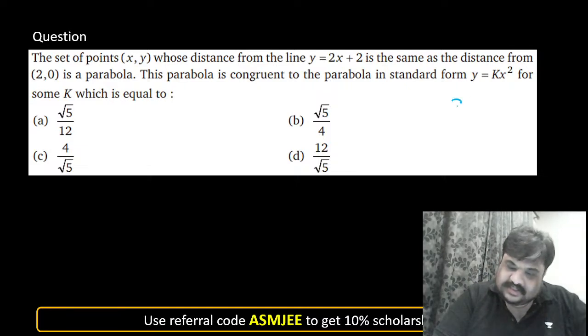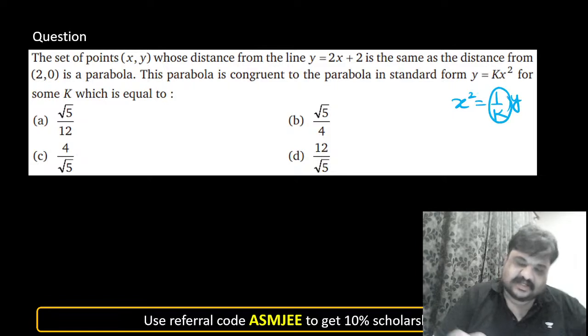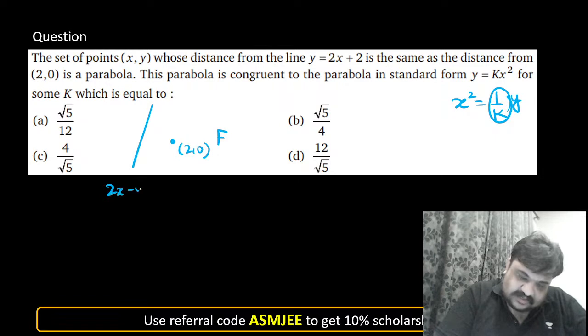Yes, how to solve this one? So see, this is the parabola. It's congruent to x square equal to 1 by k into y. So we need to find the latus rectum of this parabola. So there is this line. This 2 comma 0 is the focus, and 2x minus y plus 2 is equal to 0 is the line.